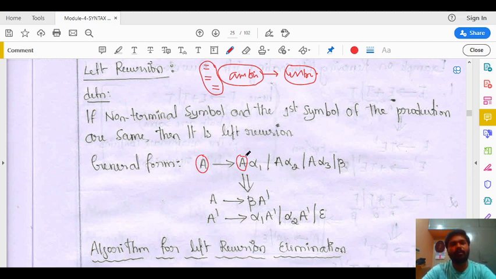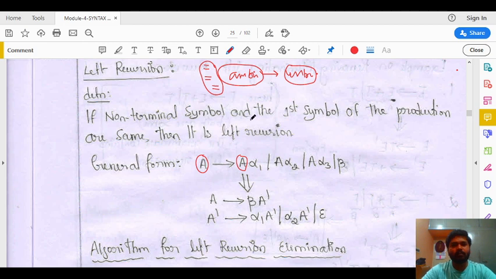If both the left hand side and the right hand side are the same, then we can say that we have an issue of left recursion and we need to solve it. So we need to eliminate that. I don't want any production where the left hand side is repeated on the right hand side, so I need to avoid that particular state.